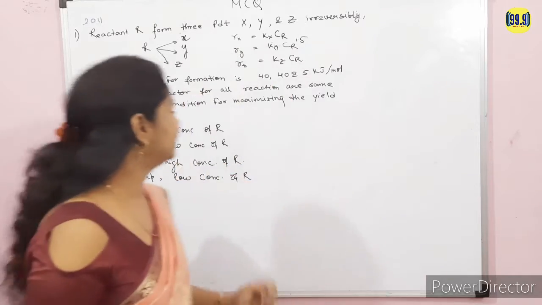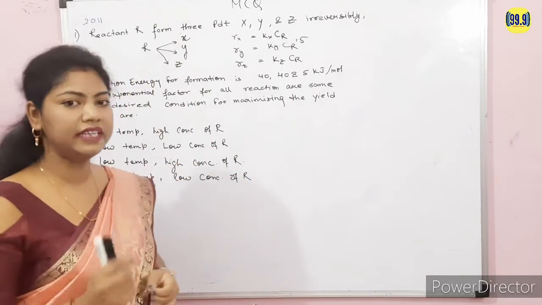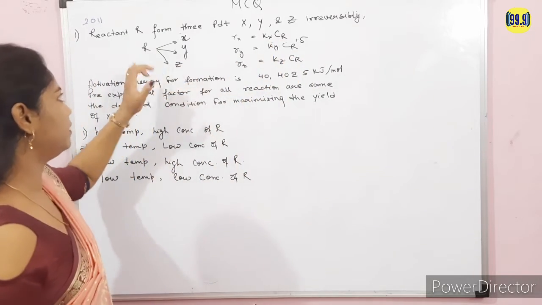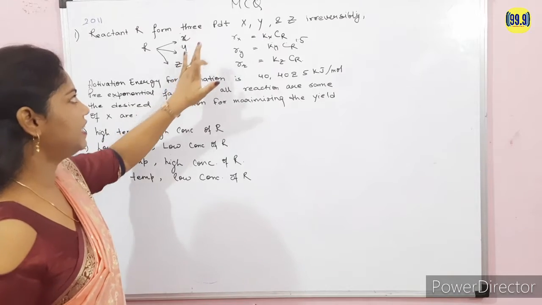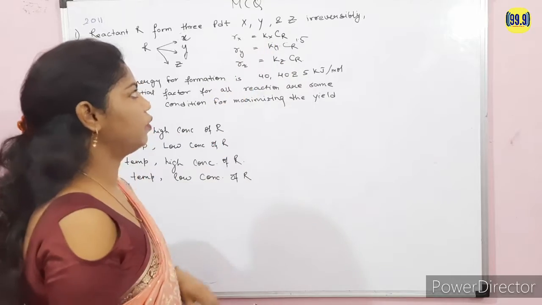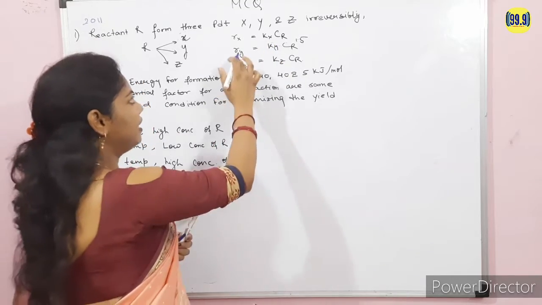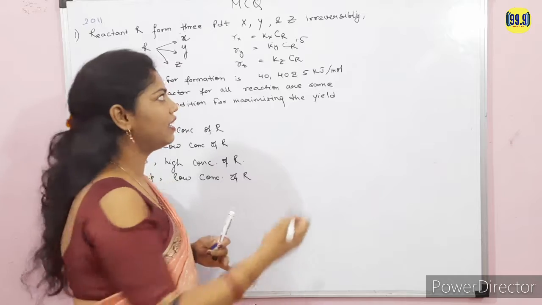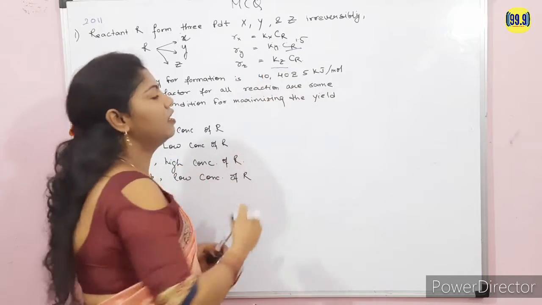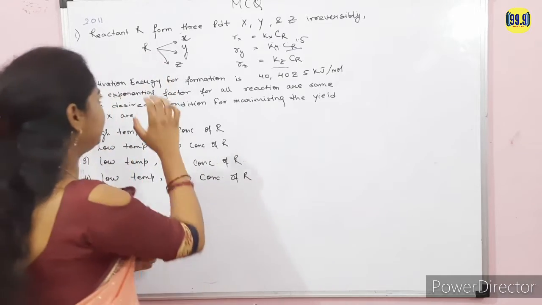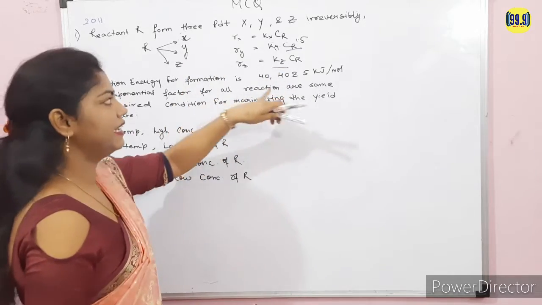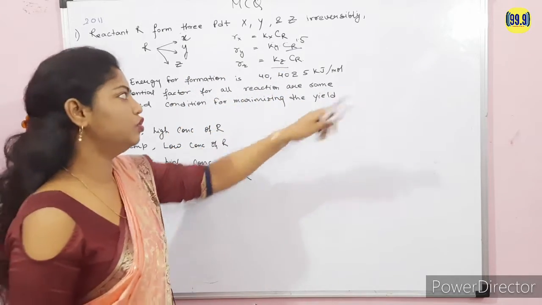The question is: the reactant R forms three products X, Y, Z irreversibly as shown below, that is R gives X, Y, Z, and their rates of reaction will be Rx equal to Kx Cr, Ry equal to Ky Cr to the power 1.5, Rz equal to Kz Cr, and the activation energies for the formation of X, Y, Z are 40, 40 and 5 kilojoule per mole.